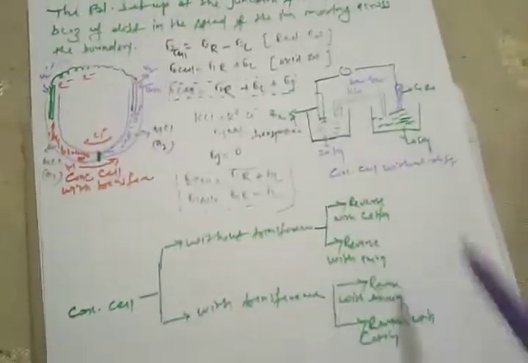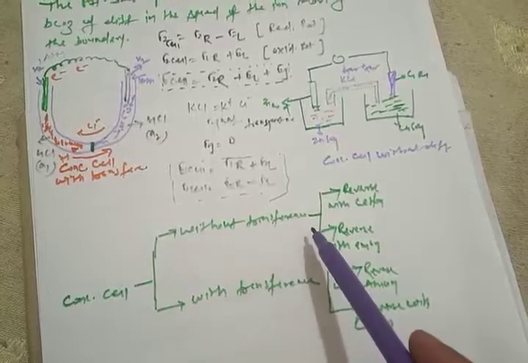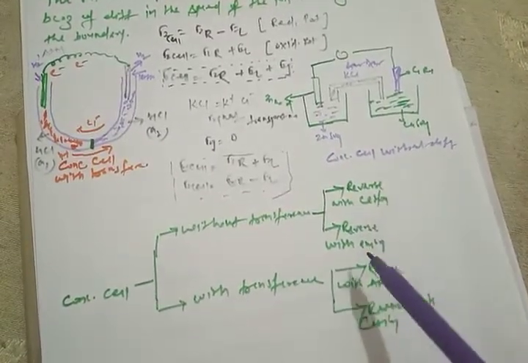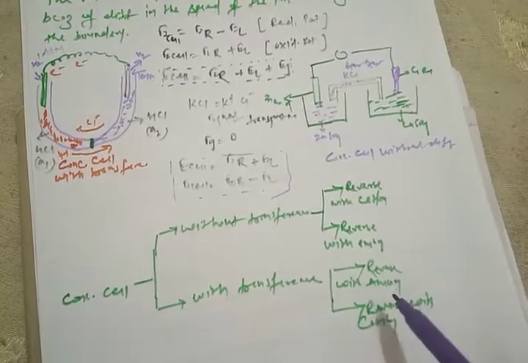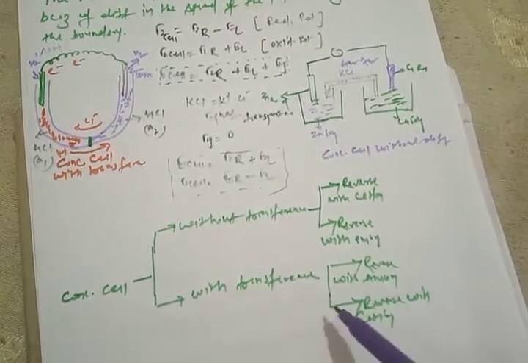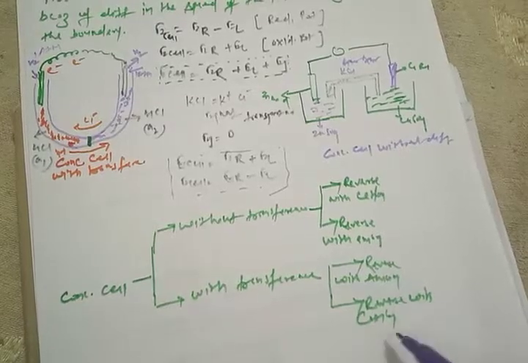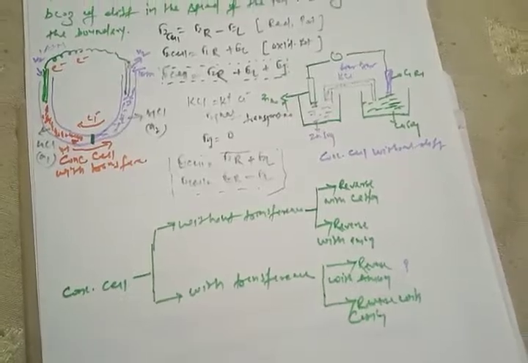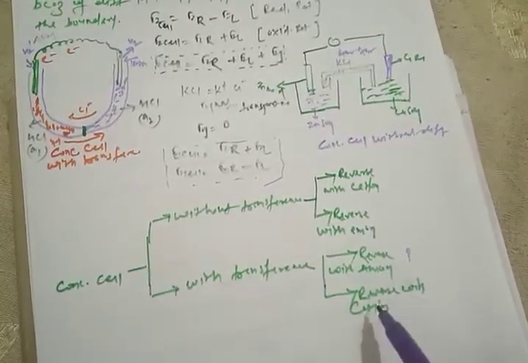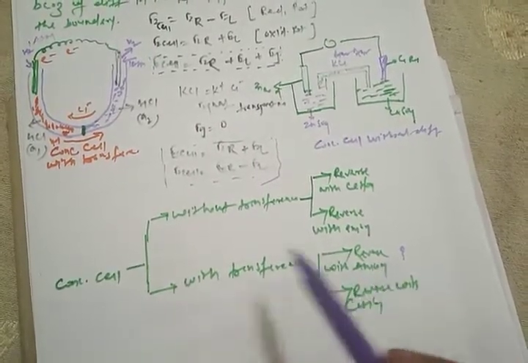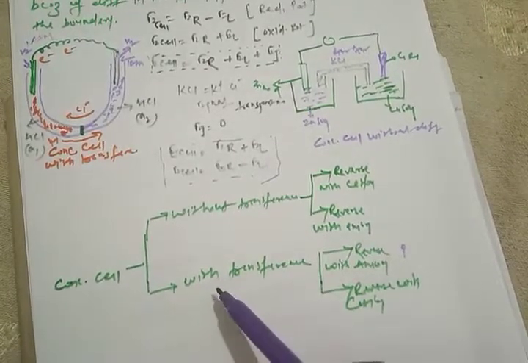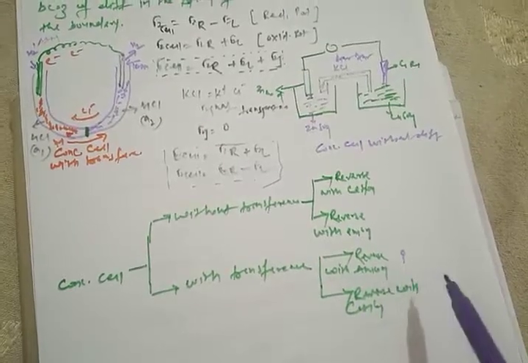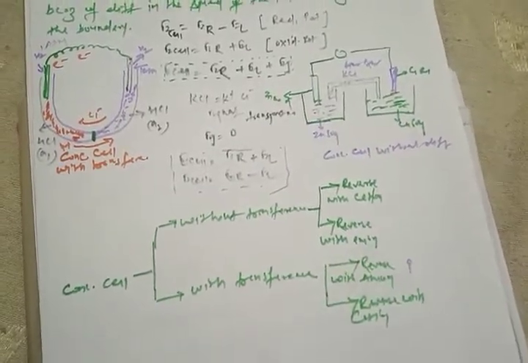We had already discussed without transference, in which we discussed reversible with cation and reversible with anion. Then we discussed with transference, reversible with cation. This one we have skipped, so this is the question for you guys: find out the equation of a concentration cell with transference and reversible to anion. Rest of the three I have already discussed in the video.